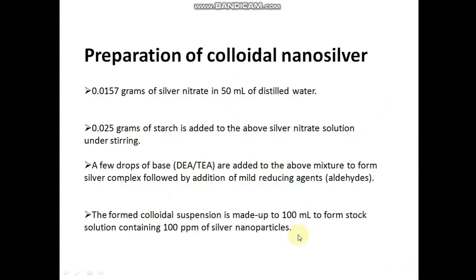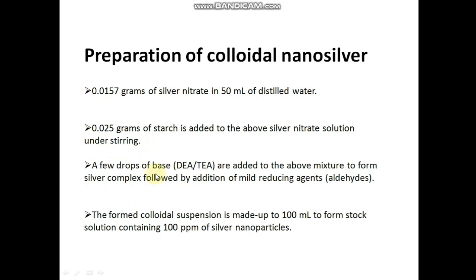So now let's see what we need to do. Steps involved in the experiment. First of all, we need to prepare colloidal nanosilver solution. For that, 0.0157 gram of silver nitrate is dissolved in 50 ml of distilled water. To this, 0.025 gram of starch is added under constant stirring.